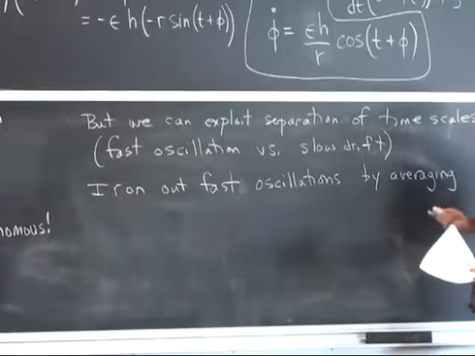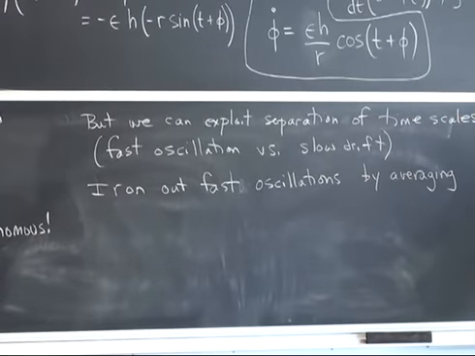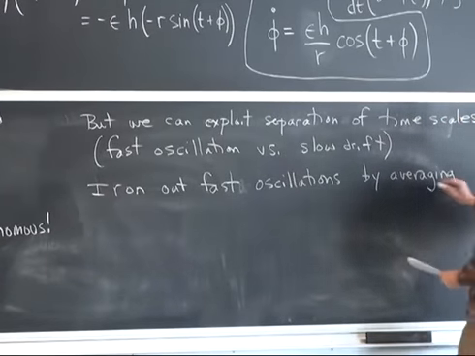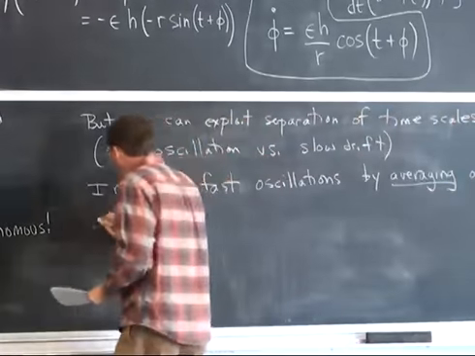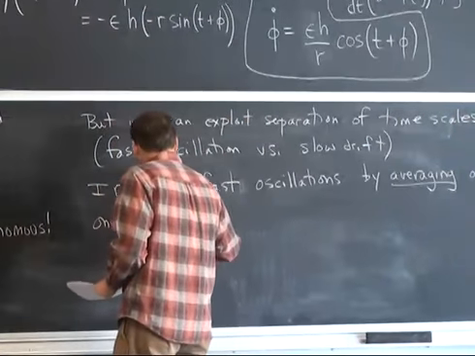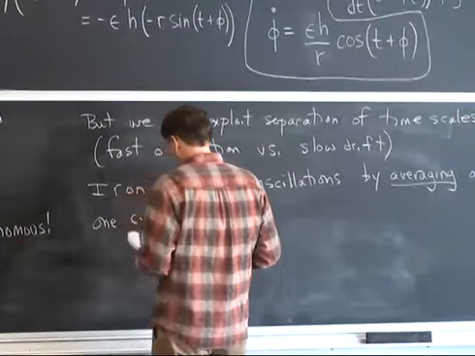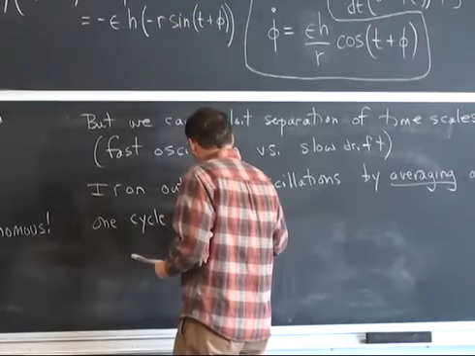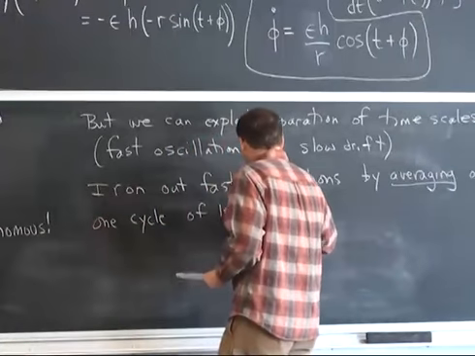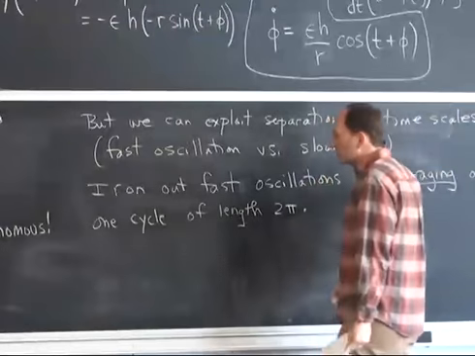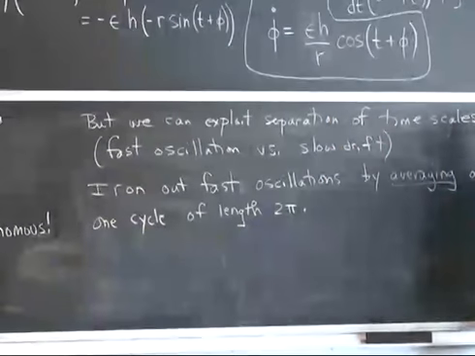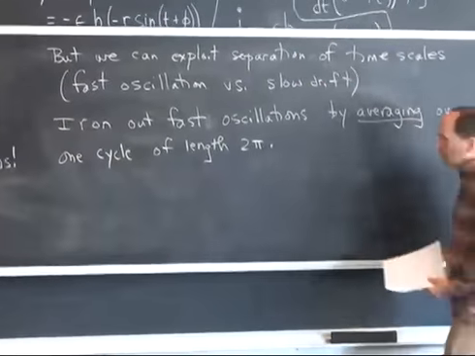You know, I said it was called averaging theory. It's because of this operation that we're going to be doing throughout. We'll average over one cycle of the fast oscillation, over one cycle of length 2 pi. So to do that, let me introduce some notation that we'll be using quite a bit.